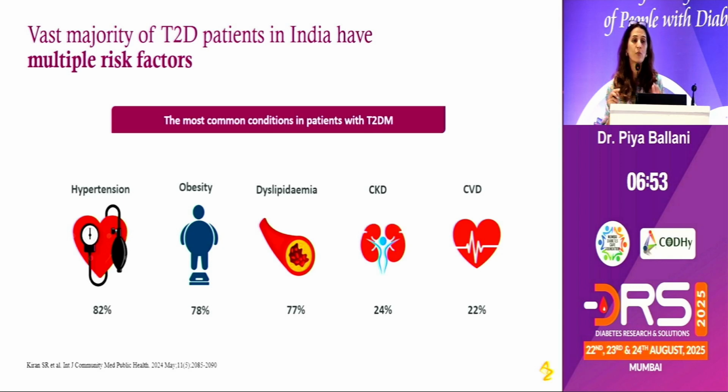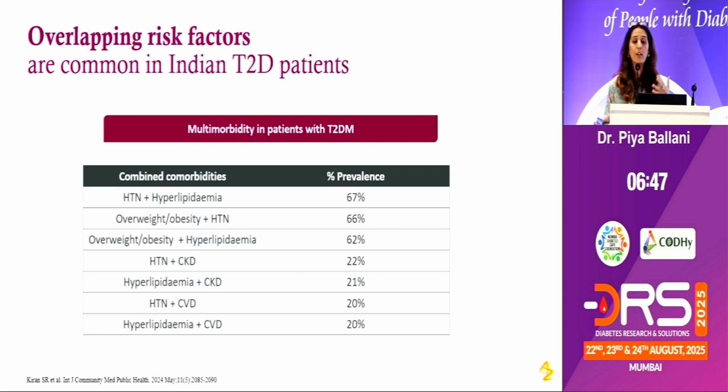So we are a country that doesn't come with low risk profiles in terms of our diabetes patients. The majority of our patients are going to have multiple comorbidities. We are a multi-morbidity kind of diabetic population in our country. At least two-thirds of our patients are going to have combined comorbidities that arrive in a cluster.